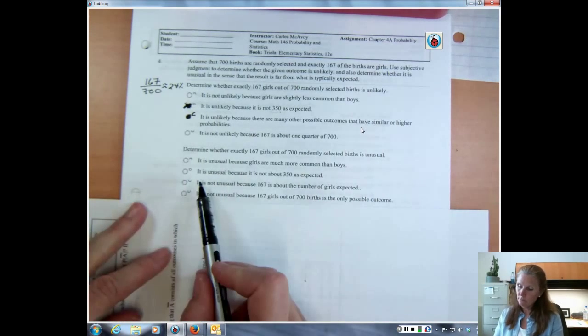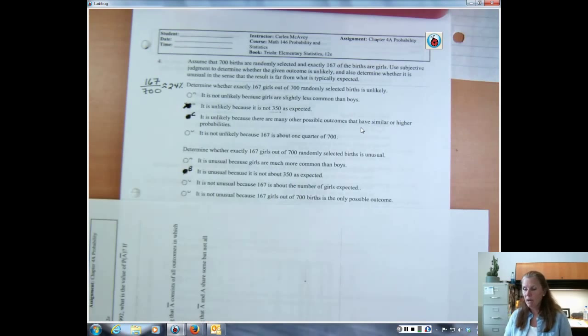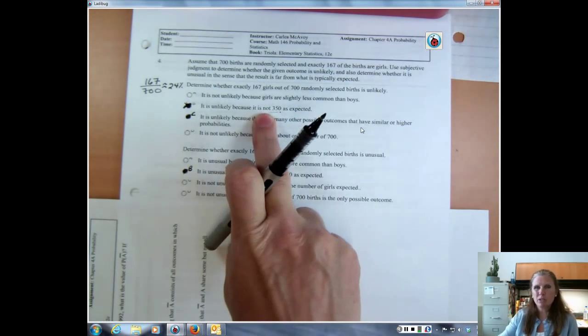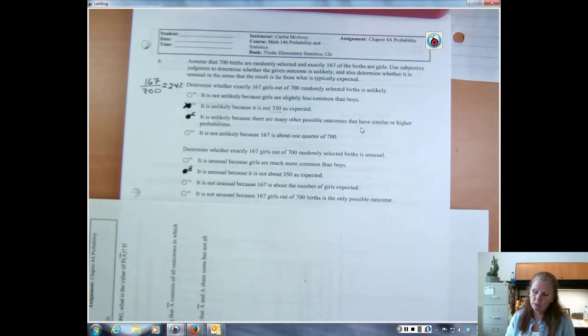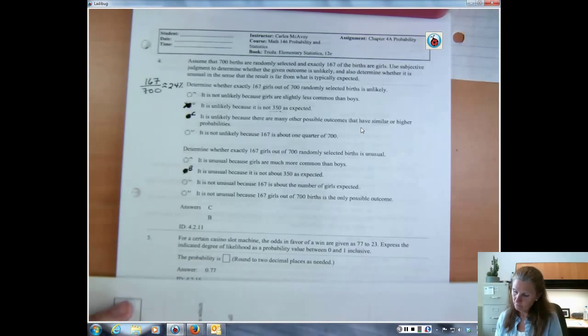So I think this is B, which somehow didn't print out, but it's unusual because it's not about 350. I like the word about there, because we don't expect it to be exactly 350. We expect it to be about that. So that's kind of a weird little question. I'm going to move on.